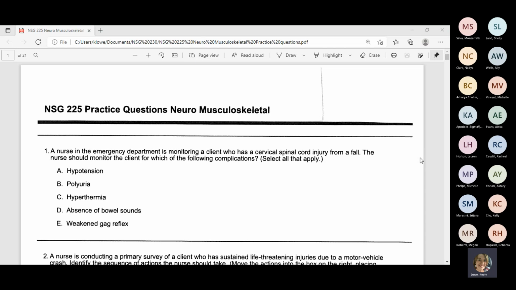In this, I'll let you look through the answers, but the first thing I see is that some of them are an increase of things, some of them are a decrease of things, but they're all assessment items. So what do we know about spinal cord injury?